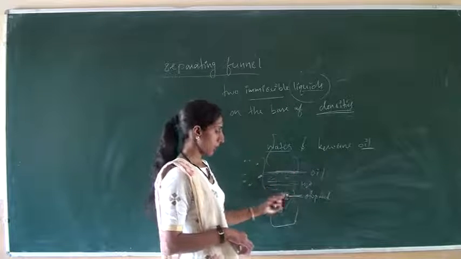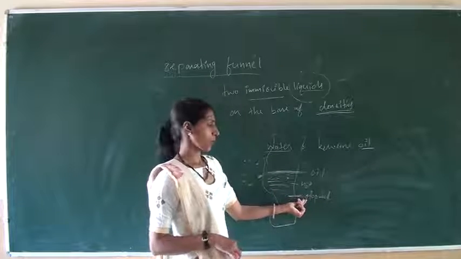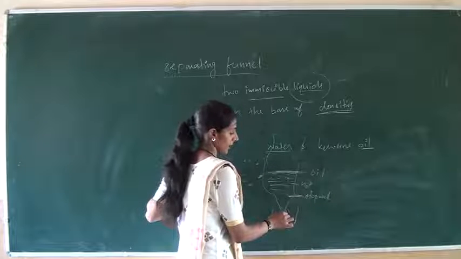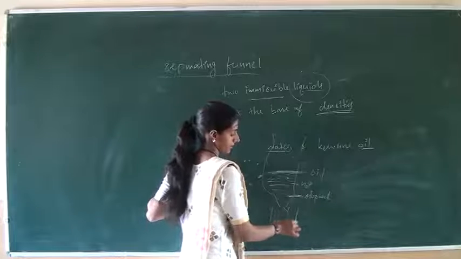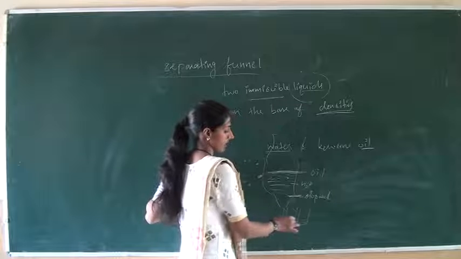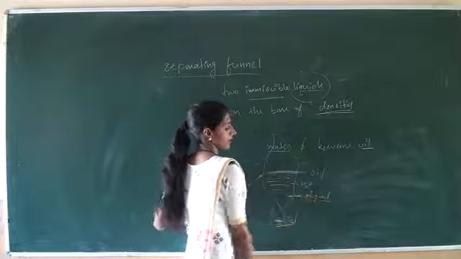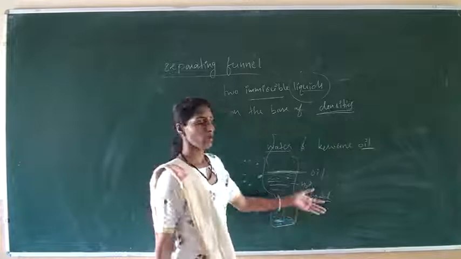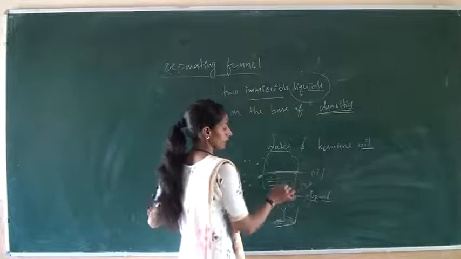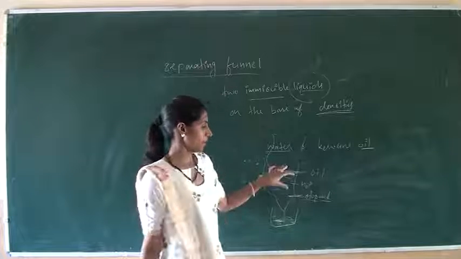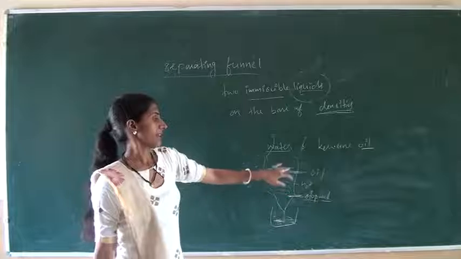Water is below. When we open the stopcock, the water gets collected into the given container. As we collect the water, we turn off the stopcock, and the kerosene oil remains in the separating funnel because oil and water form separate layers.